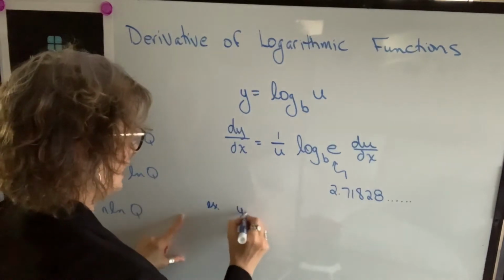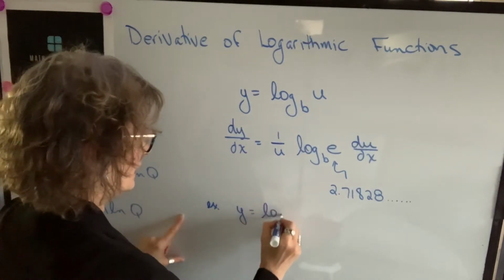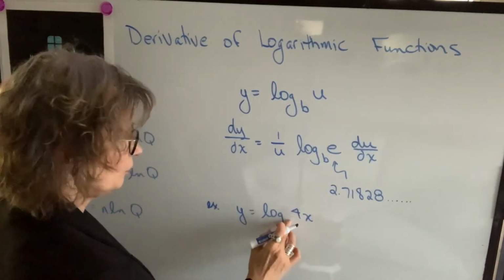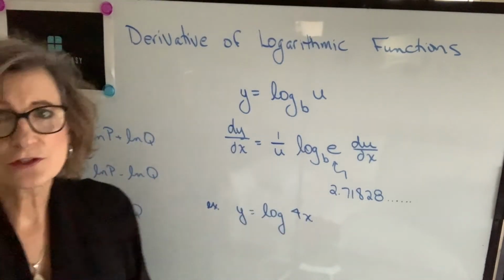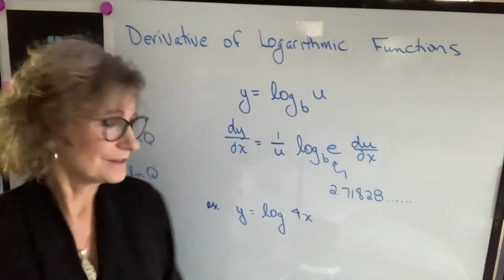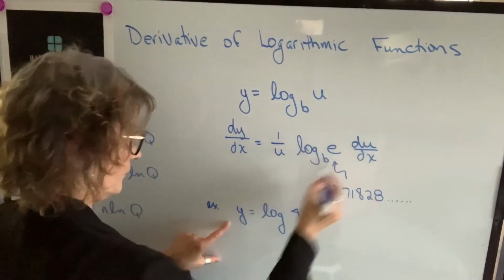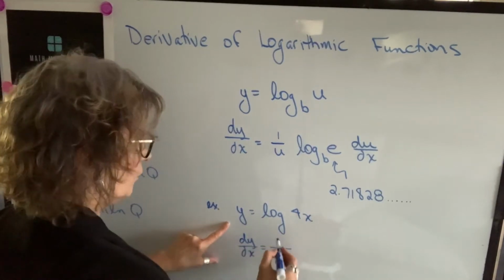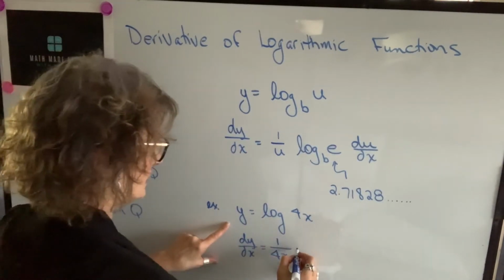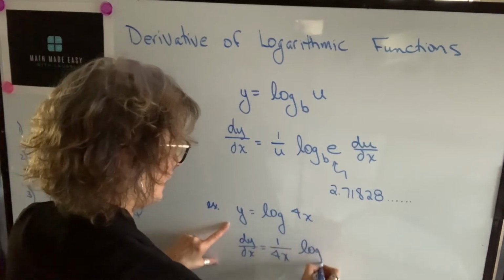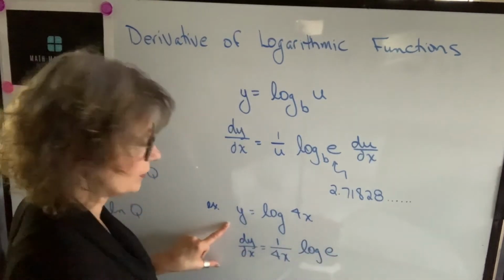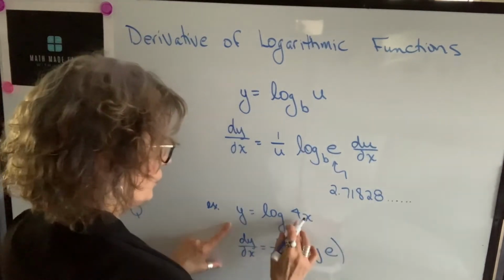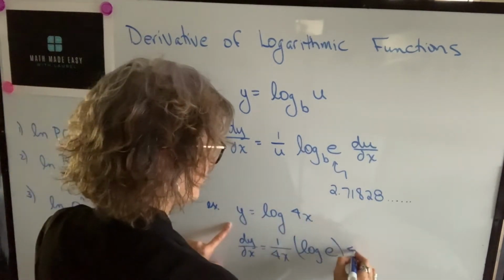If we wanted to do an example of a logarithmic function with any base, so if I had y equals the log of 4x, and when I don't put a base there, it's understood to be base 10. So we would plug into this formula, the derivative of this would be 1 over u, so 1 over 4x, times the log of e, base 10, times the derivative of u, 4x, which is 4.